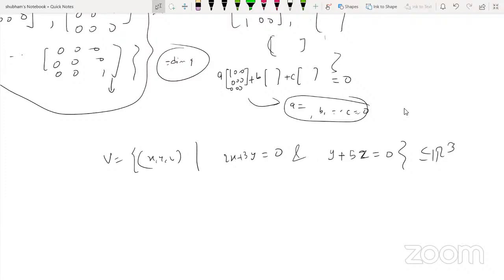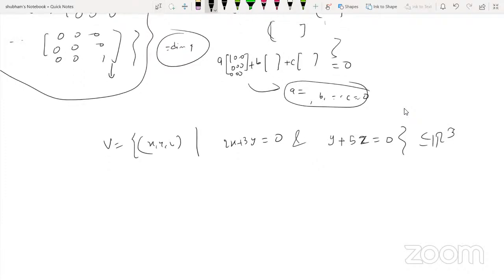Actually, my question is, what terms will come here? Not x, y, and z, but the terms in the sense of vectors. Can you give a particular vector which will come here? I want a real number for x.